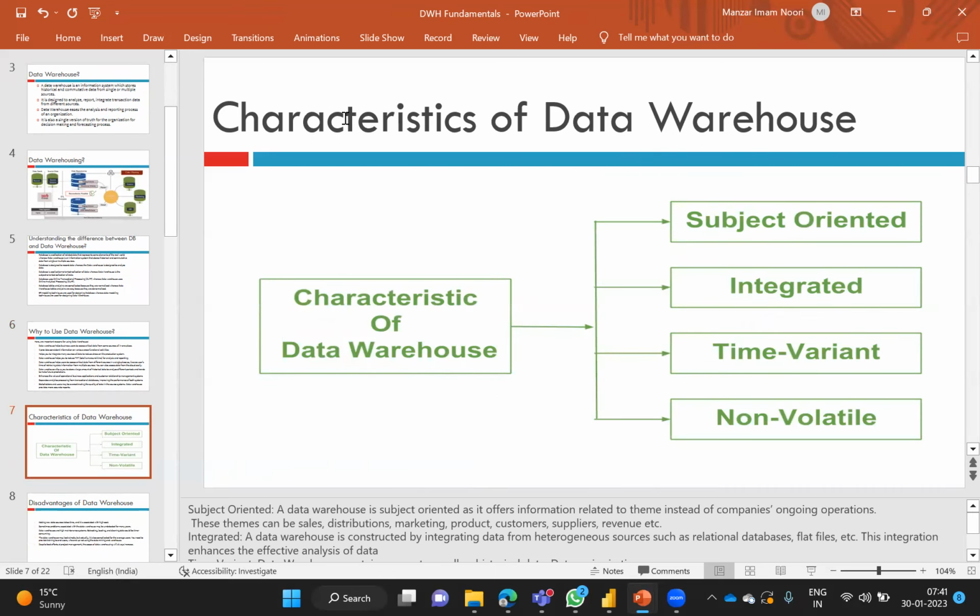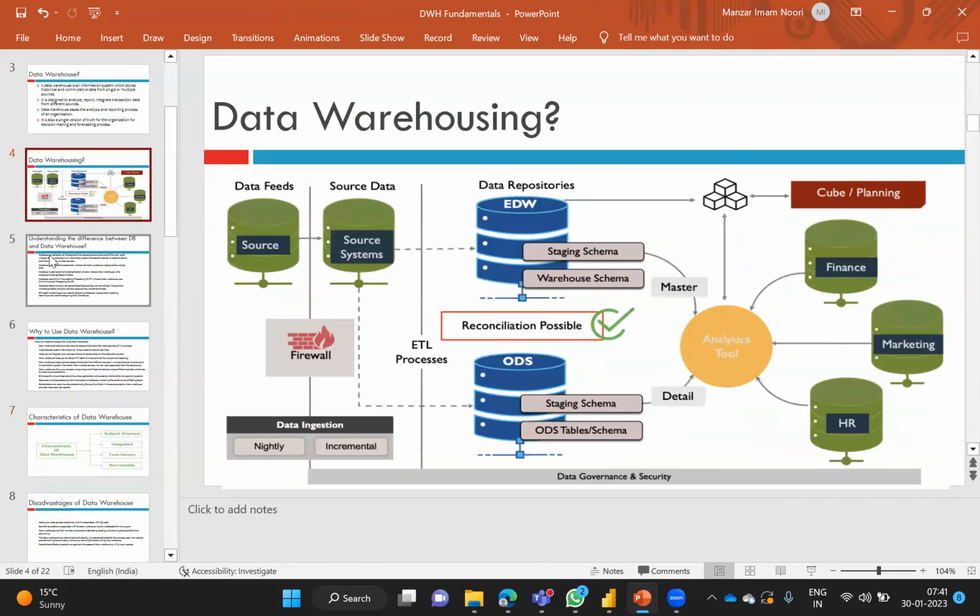Now, characteristics of data warehouse. You are understanding this, right? I think you are already aware of these systems. Maybe you are working on the data already. If you have not come across these systems, you just go through some documents, check these documents from the internet.